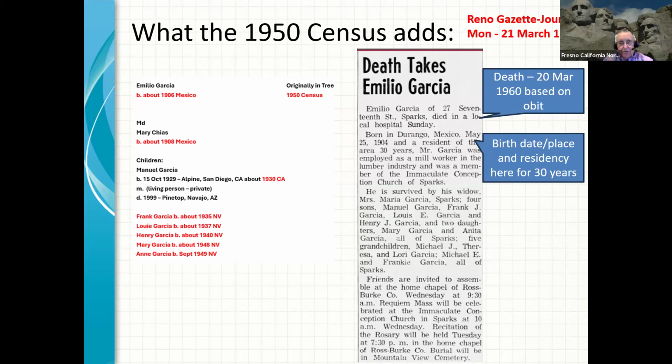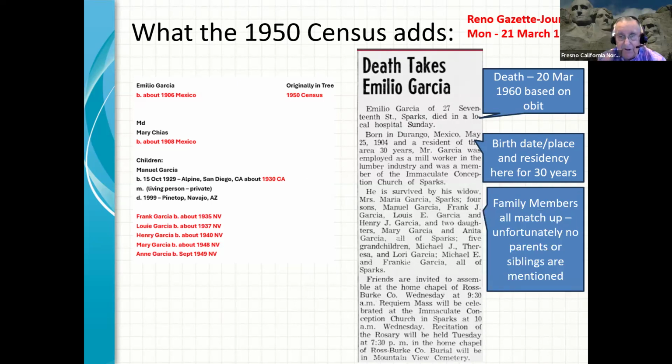It says that he was born in Durango, which is a state in Mexico, and gives his birth date, May 25, 1904. Said that he lived in the Sparks, Reno area for 30 years. So probably about from 1930 to 1960.